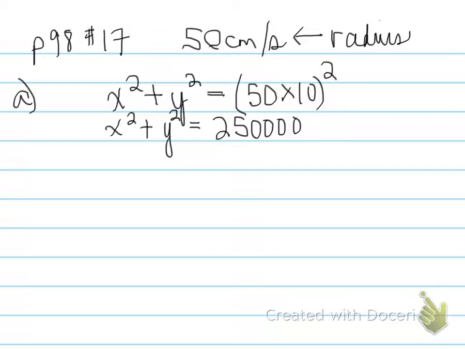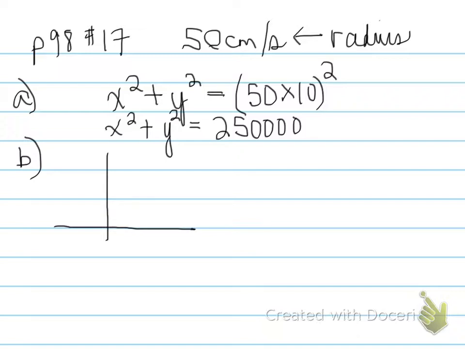Now, part B says a small rowboat is 50 meters east and 75 meters north. If we were to draw this out, remember that's meters, and we're talking about a ripple that's in centimeters.